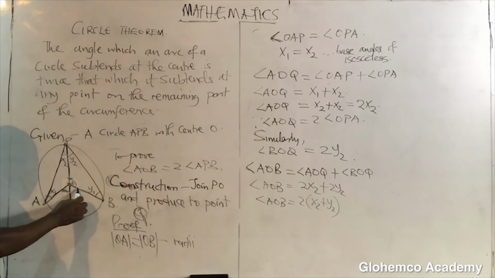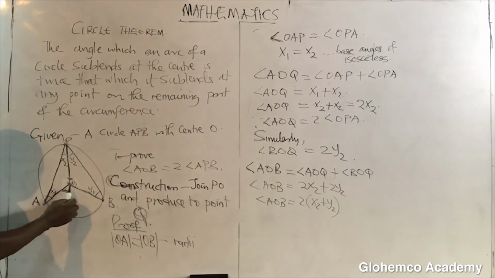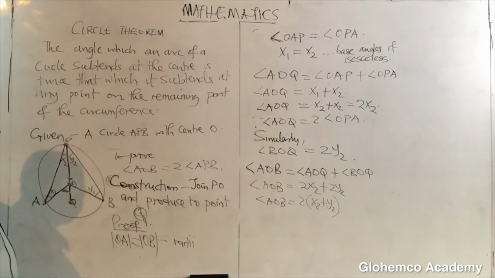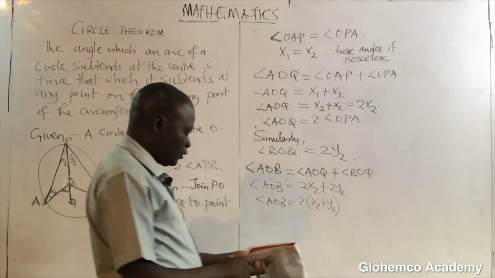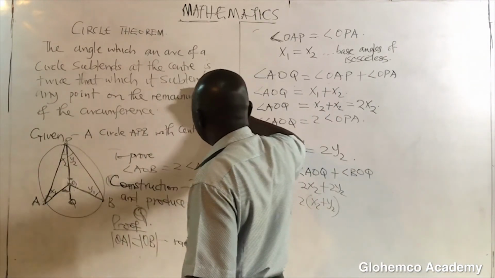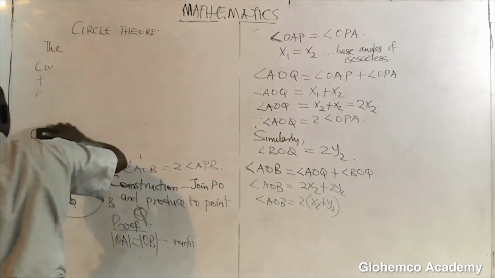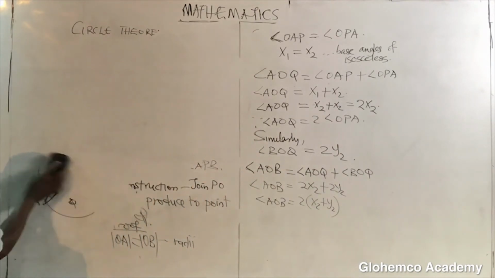And if you are given this one as 120 and you have to find the angle at the circumference, 120 divided by 2 will give us 60. That is the answer to our problem.